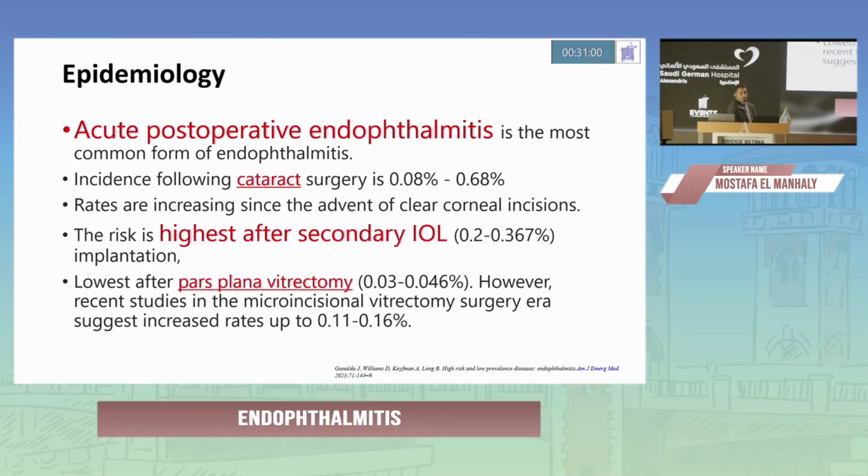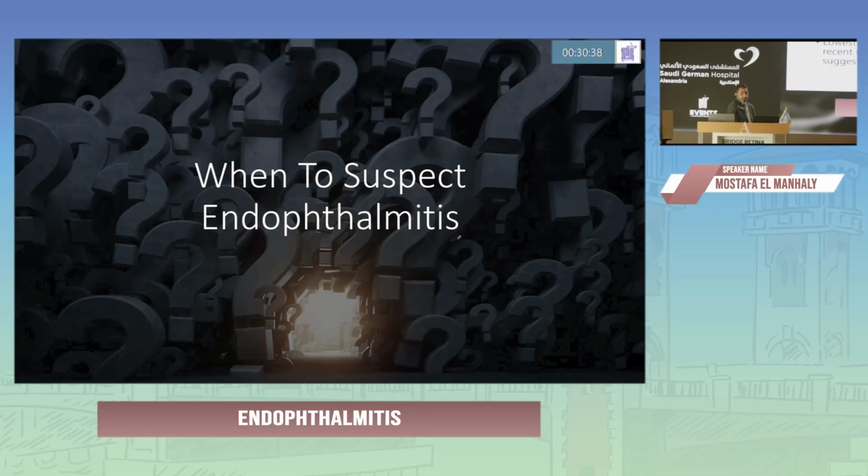Sure. The most common cause of endophthalmitis is acute postoperative endophthalmitis, with secondary IOL implantation having the highest rate of endophthalmitis. However, we see a lot of cataract cases because it's the most common procedure in ophthalmology nowadays, representing 40 to 80% of the cases of endophthalmitis that we see.